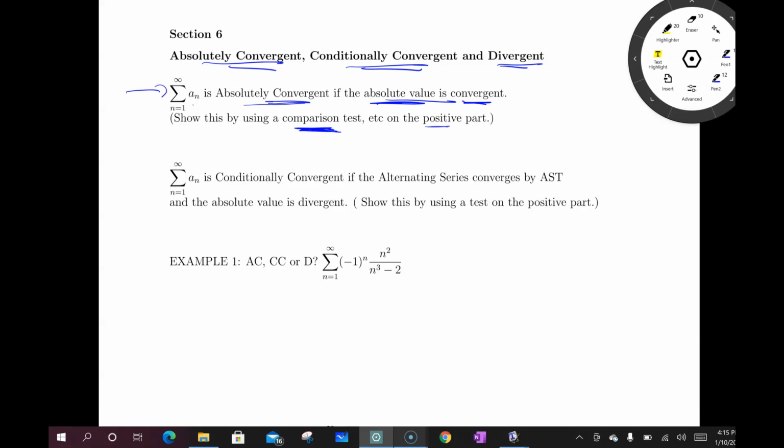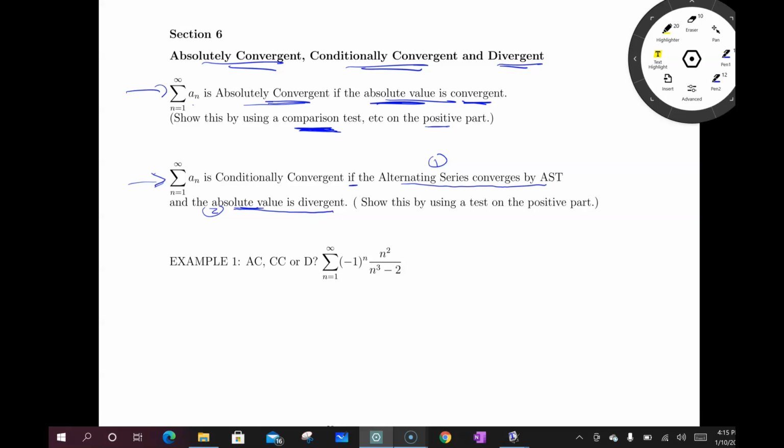So when is something conditionally convergent? It's conditionally convergent if, first off, it converges by AST, and second off, the positive part, the absolute value, diverges. This is the only way to get conditionally convergent.